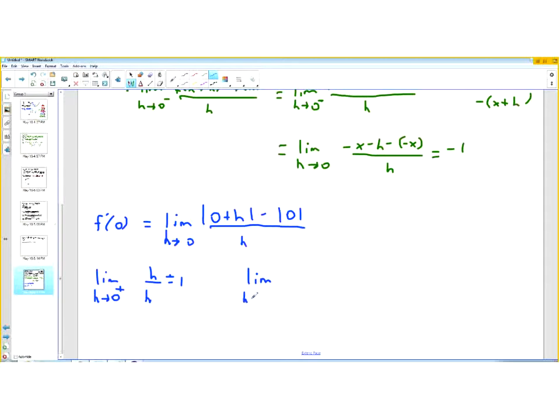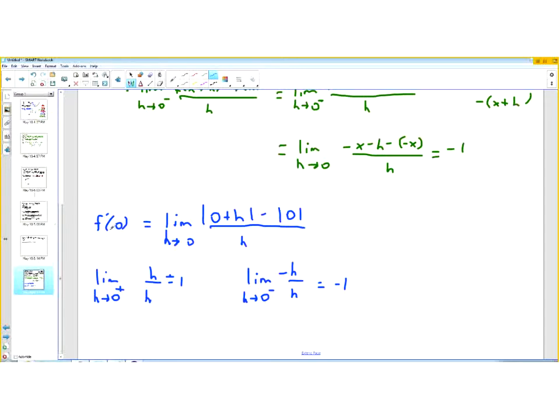If h were approaching 0 from numbers less than 0, well, the absolute value of h becomes negative h, because h is negative. If h is approaching 0 from the left, h has to take on negative numbers. And so that would be negative h over h, which is equal to negative 1. Aha. So look at this result.